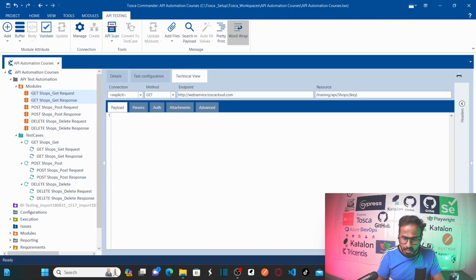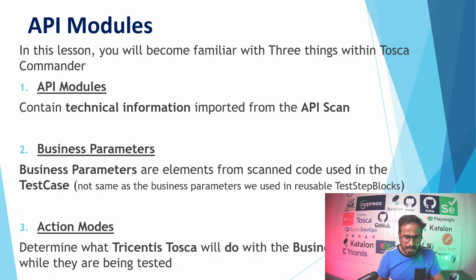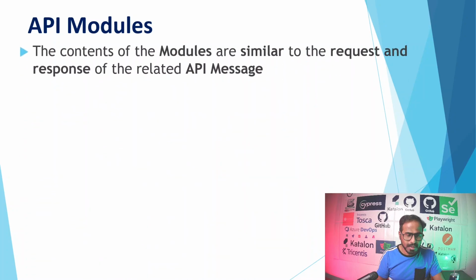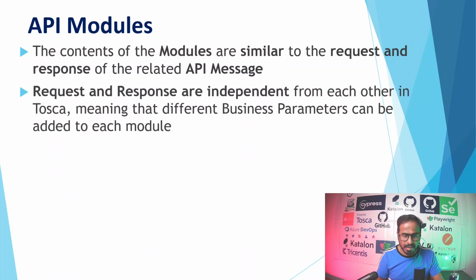Now let us go back to our next slide. The contents of the modules are similar to the request and response of the related API message. Request and response are independent from each other in Tosca, meaning that different business parameters can be added to each module.